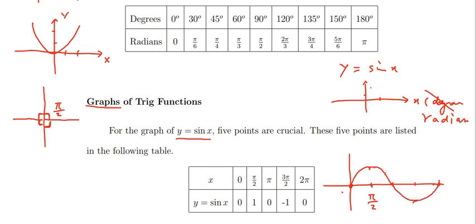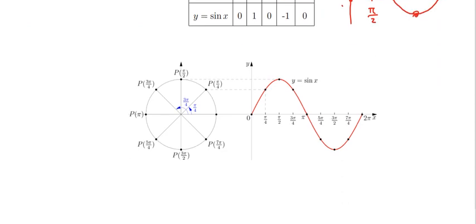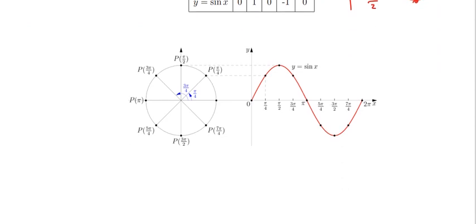So we say this is 5 points: 0, 1, 0, -1, 0. Here, this graph is produced by computer. We also can pick more points to get a more precise graph.